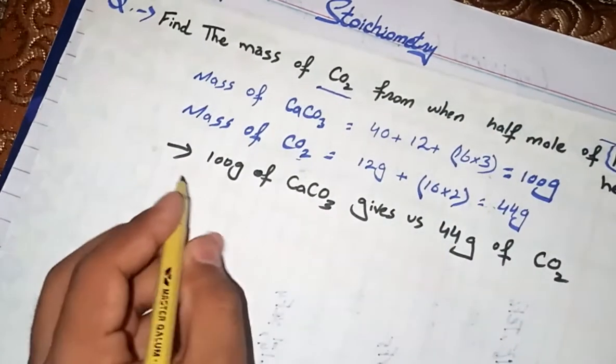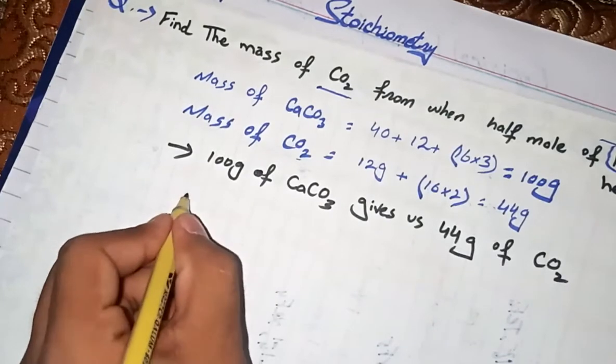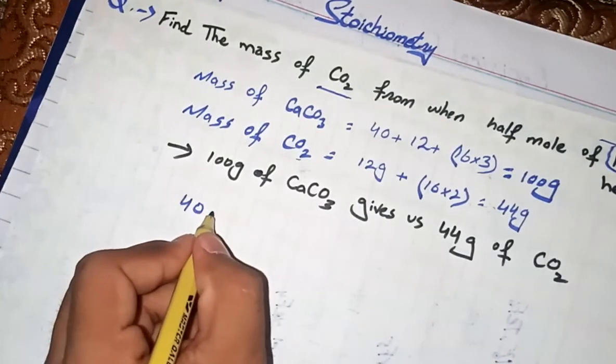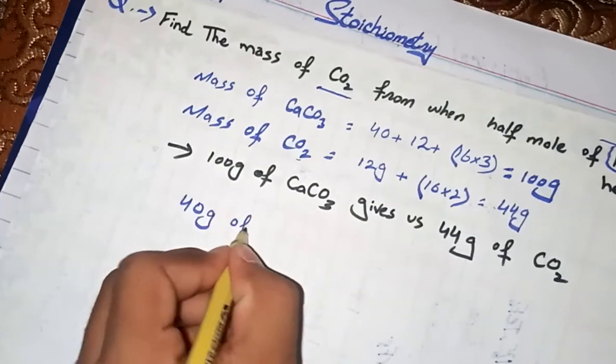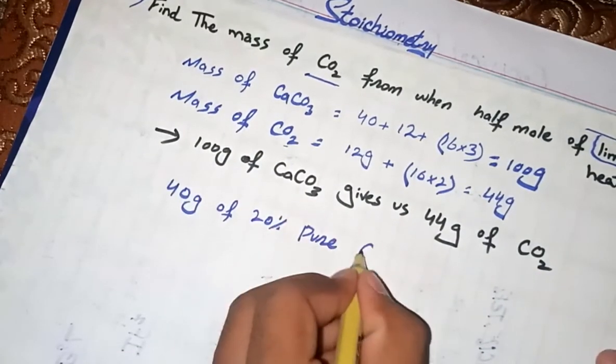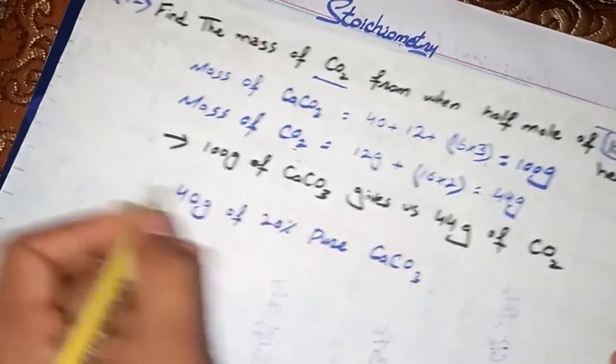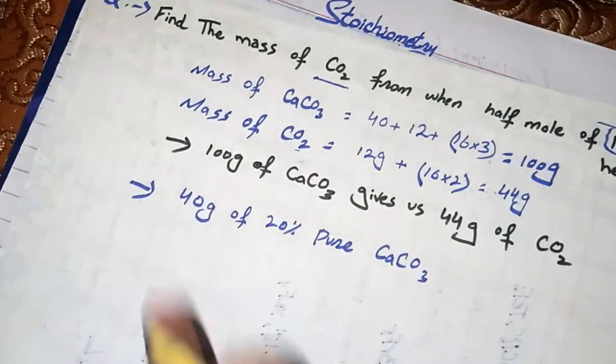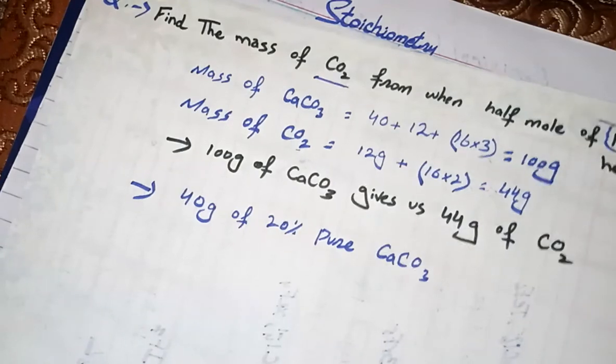Now we have 40 gram of 20% pure CaCO3. Now we take 40 gram of 20% pure CaCO3.